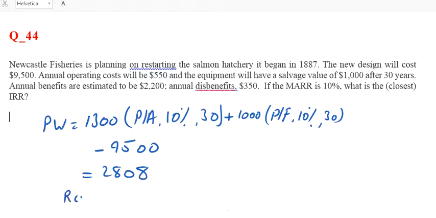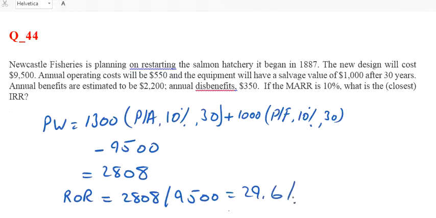So the rate of return equal to 2808 divided by 9,500, which is 29.6%.